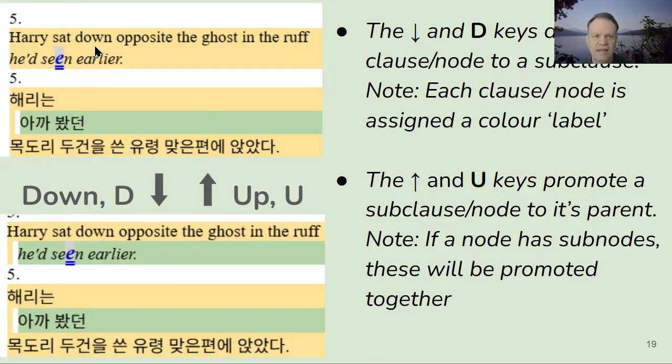If you press D, it will demote. So you're basically going down the tree, I mean, away from the root. I shouldn't say down, demote. If it's a physical tree, you'd be going up, but don't worry about that. Think of a family tree going downwards, from your halabeoji, your grandparents, your bumonim, your parents, and your children. So you've got more going downwards that way. Anyway, the default is demote, or down.